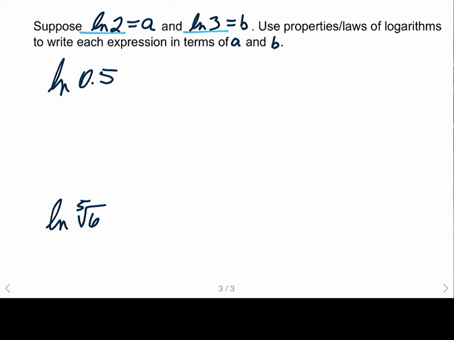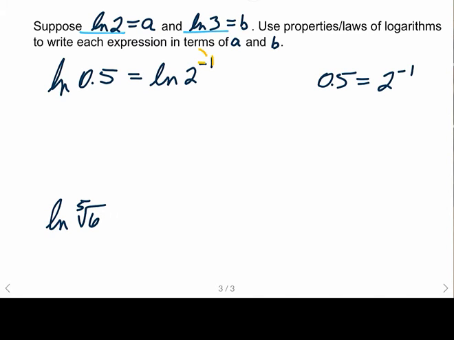First, we are looking at the natural log of 1/2. As it happens, 1/2 is 2 to the negative 1. And so the natural log of 1/2 is the same thing as the natural log of 2 to the negative 1. Now I have an exponent in a logarithmic expression.